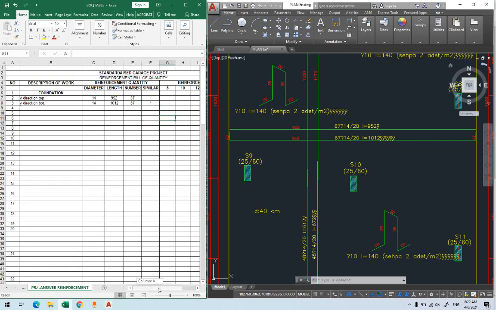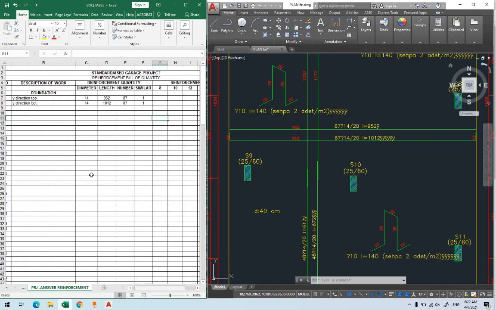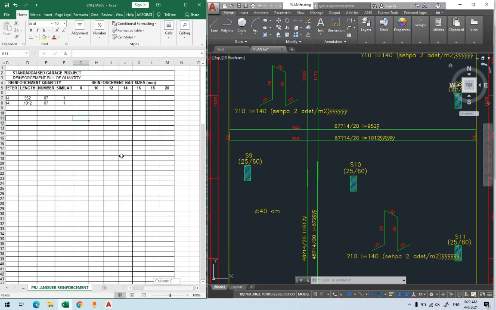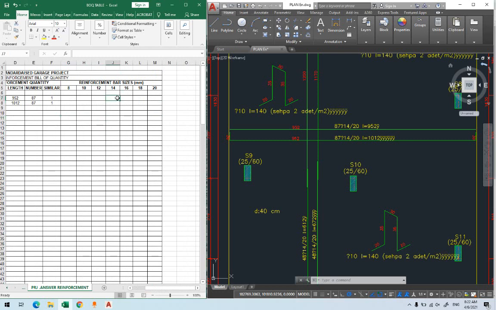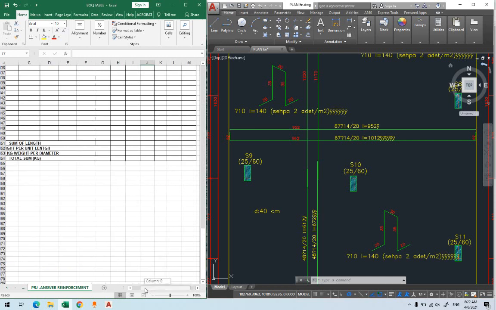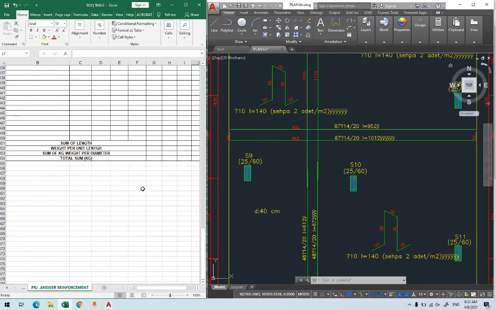Now how do we calculate? Because this is 14, the answer is supposed to come in the 14 here. By the way, when we calculate reinforcement, you calculate the length of them. Later you will change the length to kilogram, because we need to calculate reinforcement in kilogram.